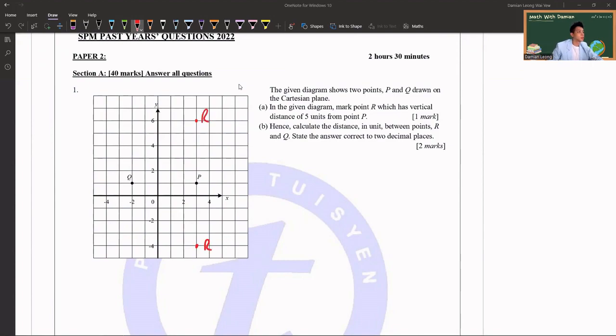Okay, it is possible for it to be here or here. Both will give us a vertical distance of 5 units.